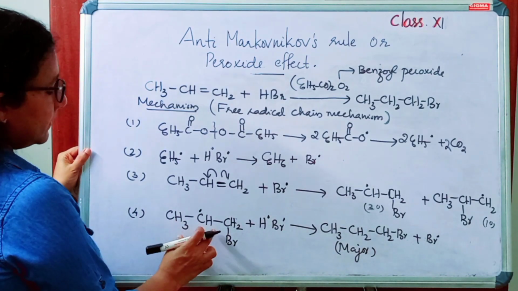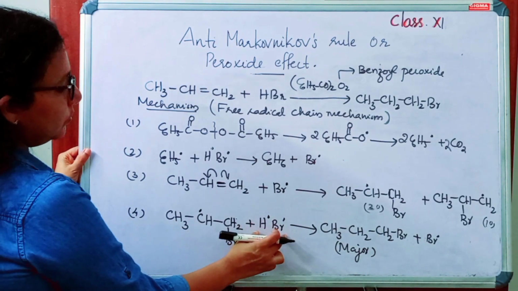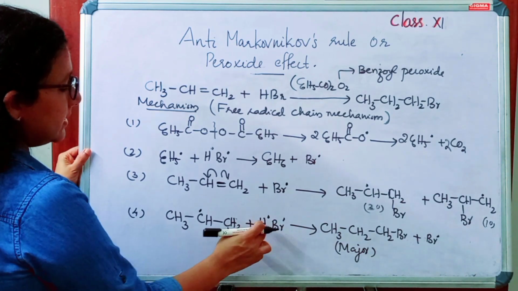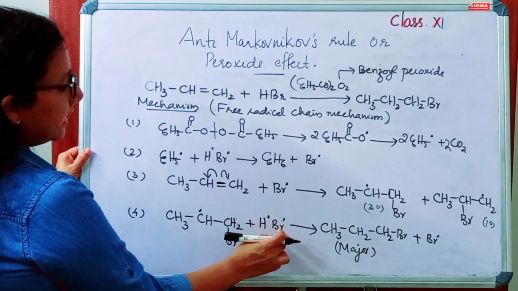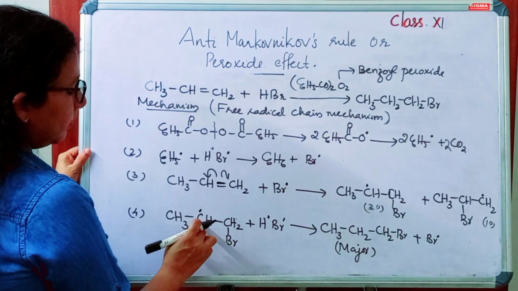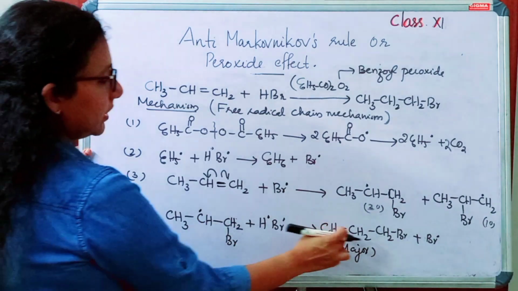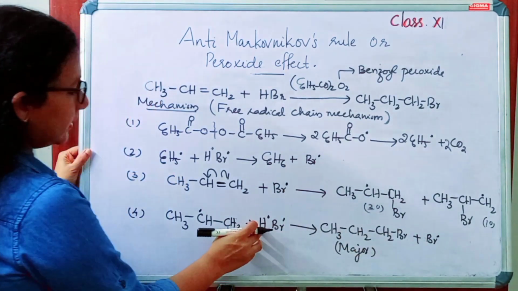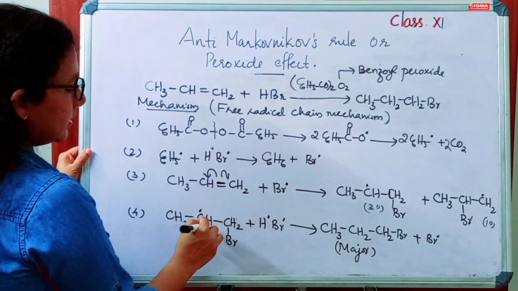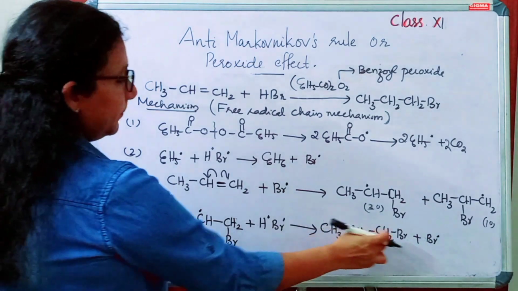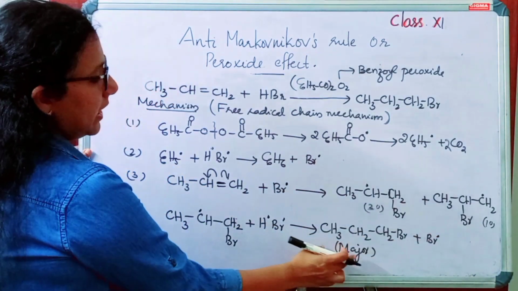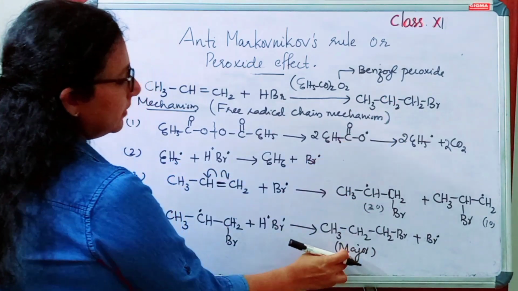And in the fourth step, the secondary free radical reacts with the H free radical, that is, there is H free radical and Br free radical. This reacts with this molecule and forms CH3CH2CH2Br. So this hydrogen free radical will attach to this carbon, and there will be the major product like this, and Br free radical will be eliminated, and 1-bromopropane will be the main product.